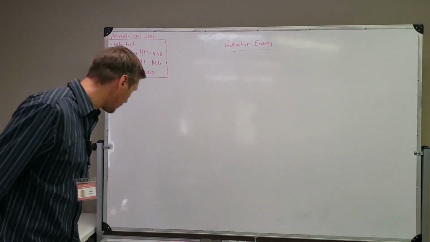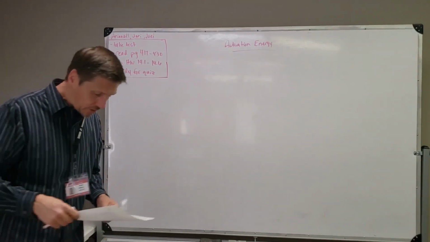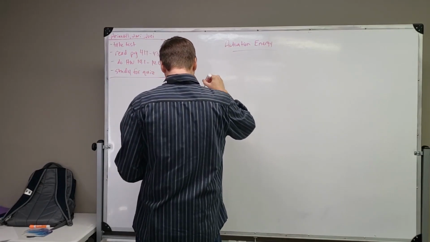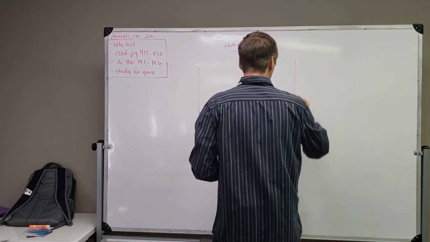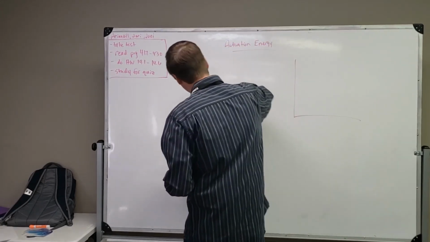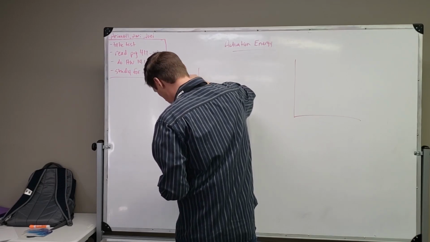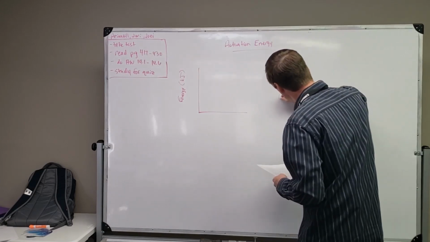So we're going to look at some diagrams called reaction coordinate diagrams. And they tell us about the activation energy that's necessary for a reaction to start. I'm going to show you two diagrams. On this axis over here, I'm going to put energy in kilojoules, on both of these.